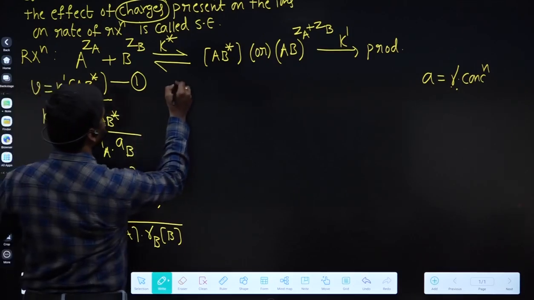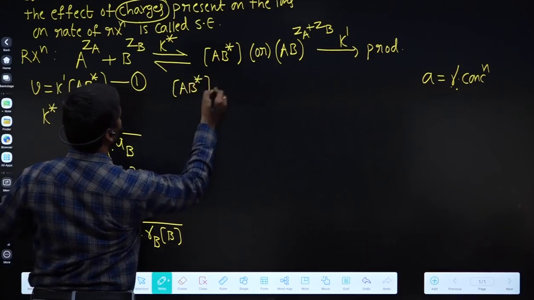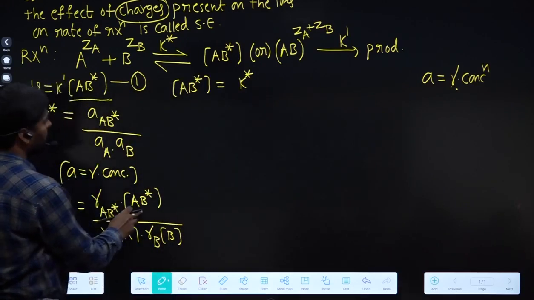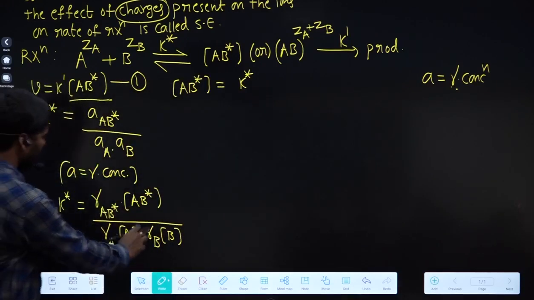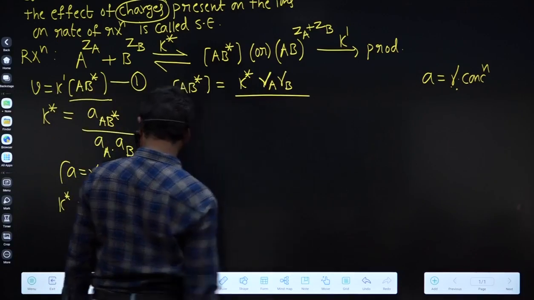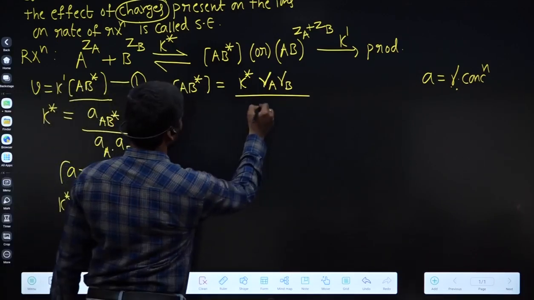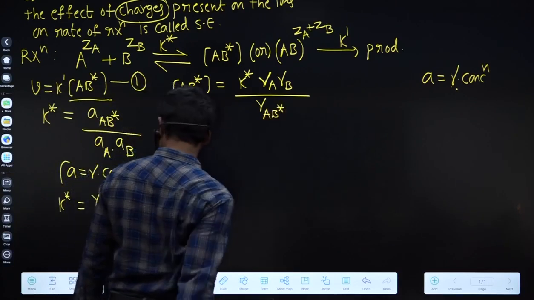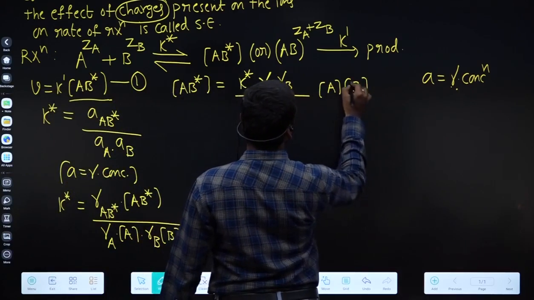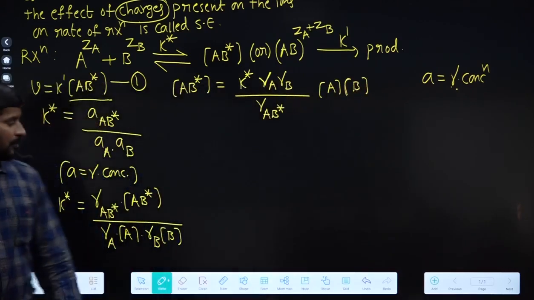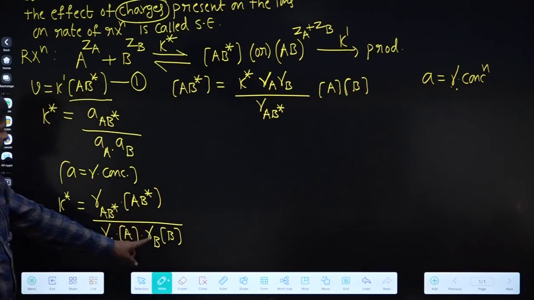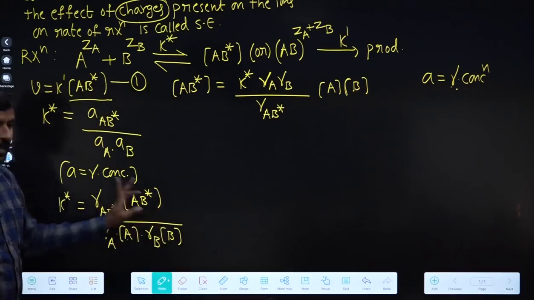So K star, concentration of AB star, K star into gamma A into gamma B by gamma AB star into what we have? Concentration of A, concentration of B.